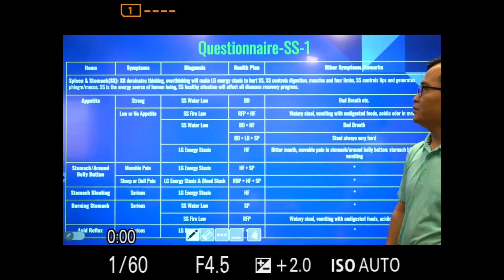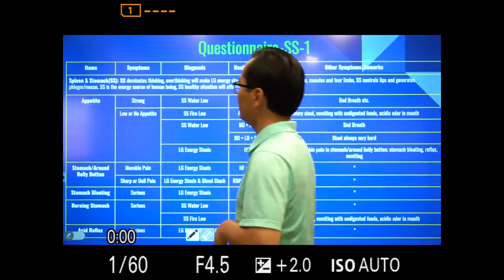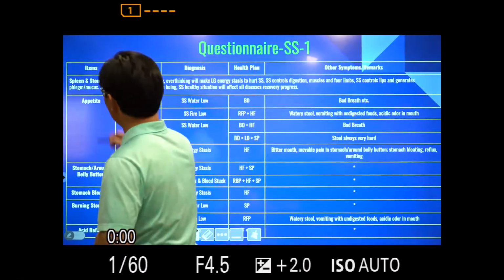For the SS section, when we explain the table, we have to understand some items here. This column lists the symptoms.